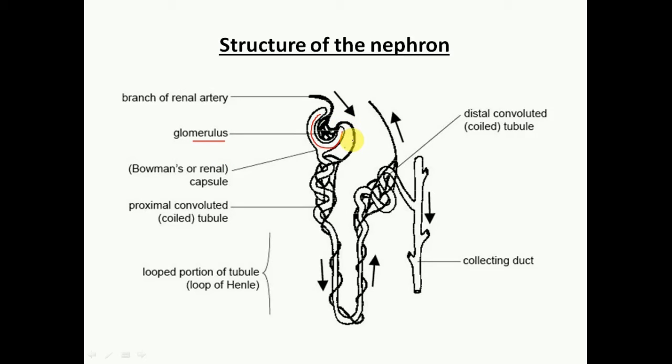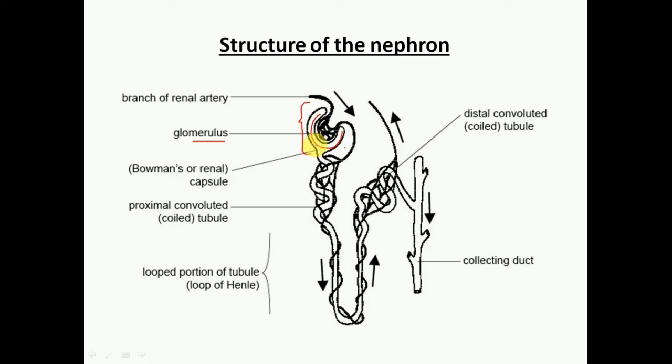So this blood vessel after entering the Bowman capsule forms a knot-like structure called glomerulus, and it exits, which is called the efferent arteriole. So both this Bowman capsule, which is the bowl-like structure, and this glomerulus together are called the Malpighian capsule.